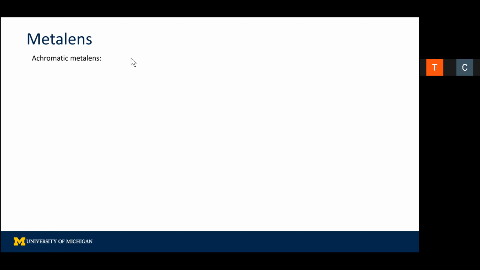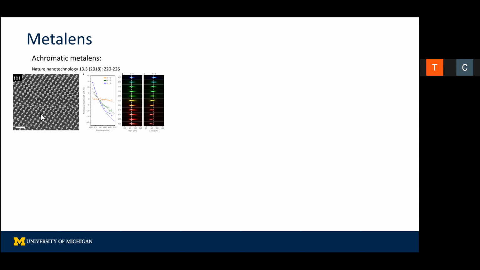Therefore, we need to compensate for that dispersion, since we do not want different colors, different wavelengths, to be focused at different spots. This can be solved using metalenses, because you can introduce more complicated structures that compensate for different wavelengths, so that they have a focusing wavefront for different wavelengths and will be focused at the same spot. This is what it looks like.